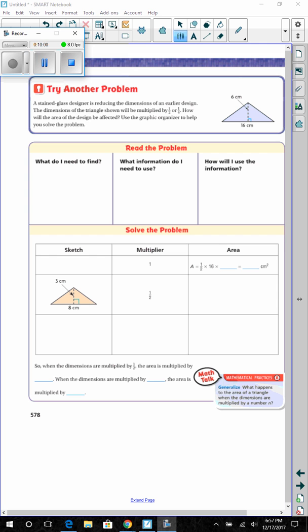Read the problem. What information do I need to use? Right here.